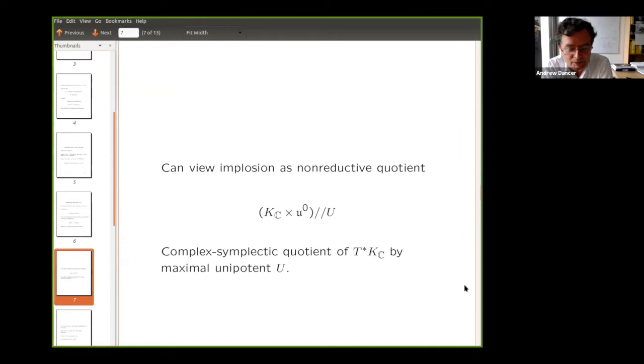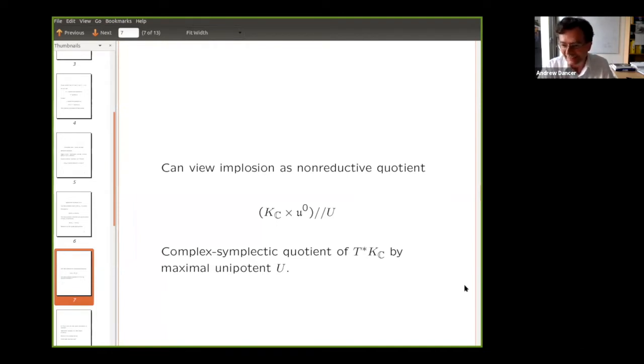Because U is non-reductive, it's not automatic that the quotient makes sense as a variety. It's not automatic that the algebra of invariants is finitely generated. Fortunately, in that case, and also in the case we're dealing with, that is true. So these do actually exist as varieties. The classical symplectic implosion can be viewed as the GIT quotient of K complexified, which can be viewed as T star K, by the maximal unipotent U.